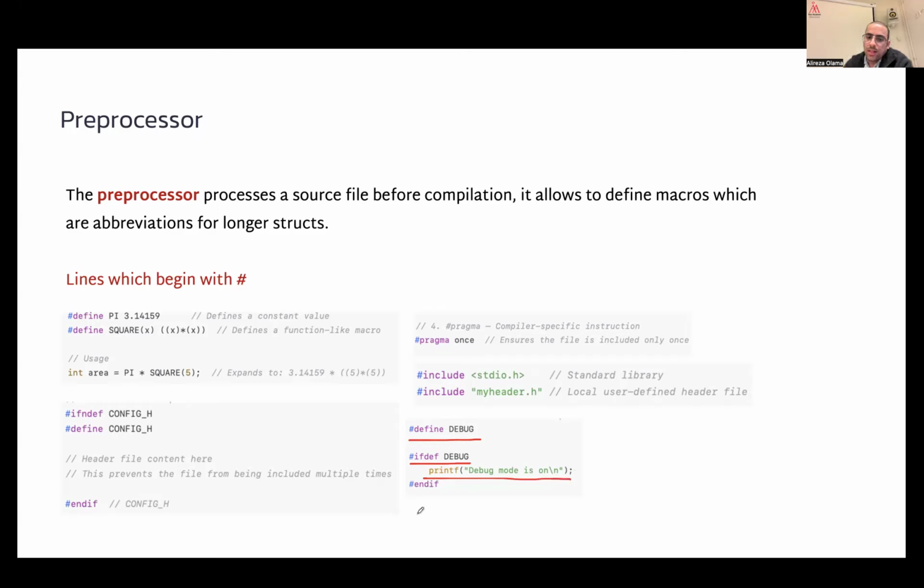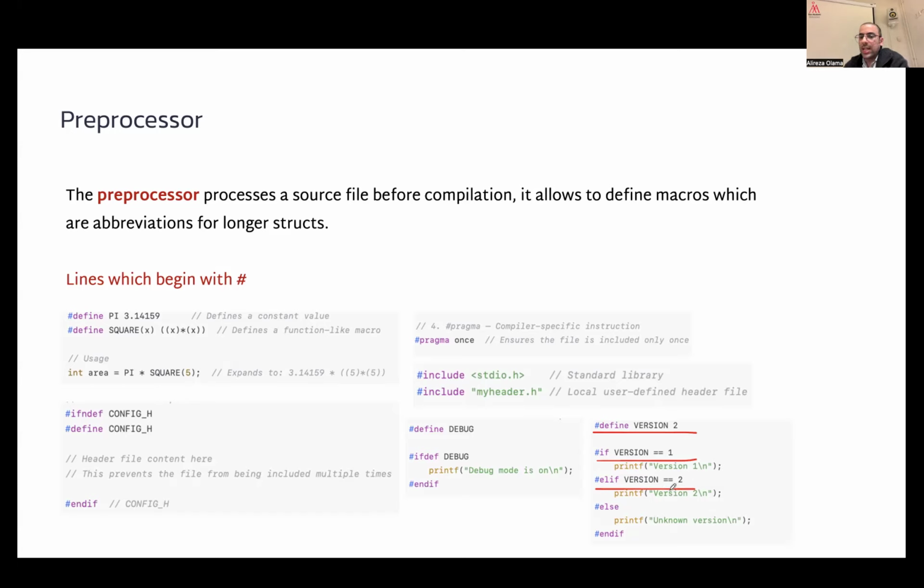And then it's up to the compiler to include this printf in your program or not. So you can also check your code with that, or you can have different versions of your code. You can define a version macro, and then based on the value of the version, you can include different parts of your code in your program.